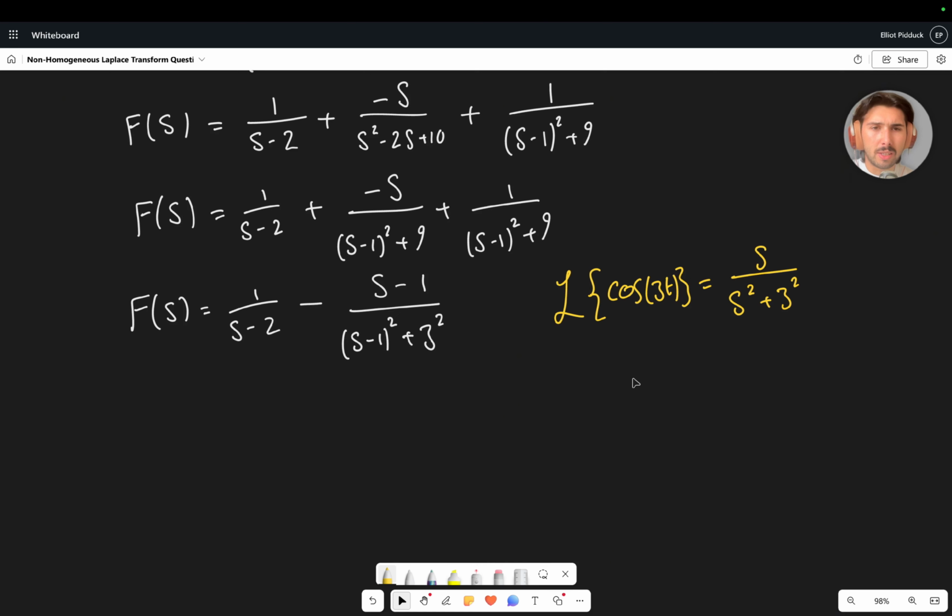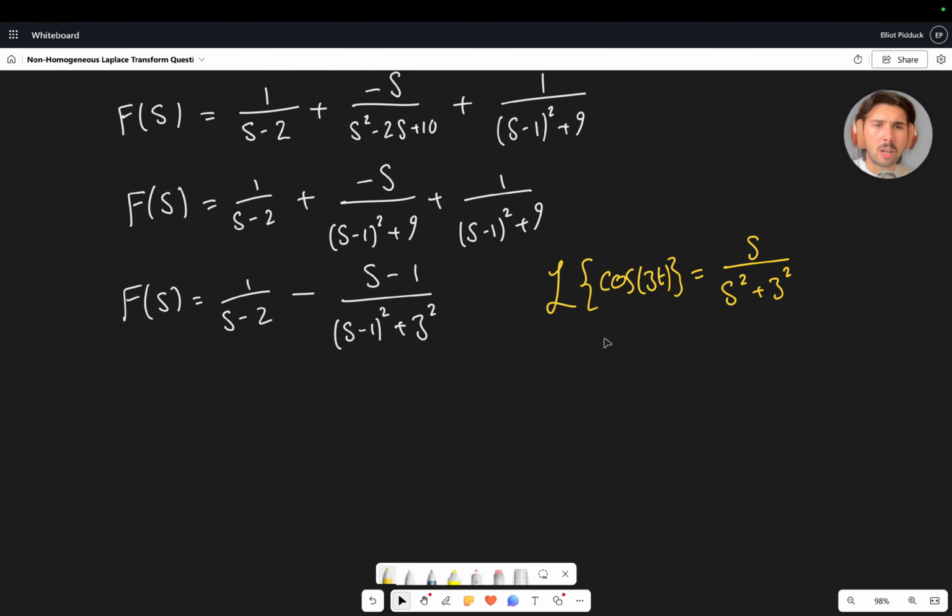But normally when you do an exam, you're going to have your Laplace transform table, and basically you're going to have this on it. So cos of at or bt or whatever it says on yours is going to be s over s squared plus a squared, or s over s squared plus b squared, or whatever it is. In my video, I used omega. So the Laplace transform of cos of omega t is s over s squared plus omega squared.